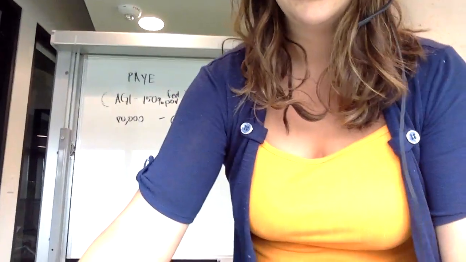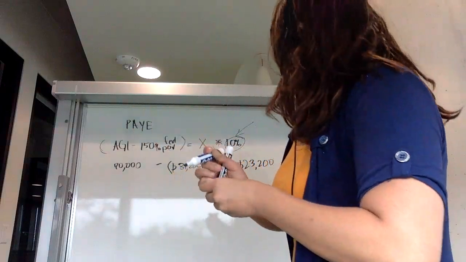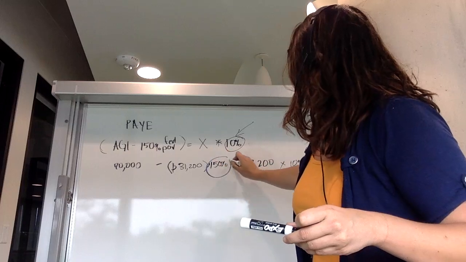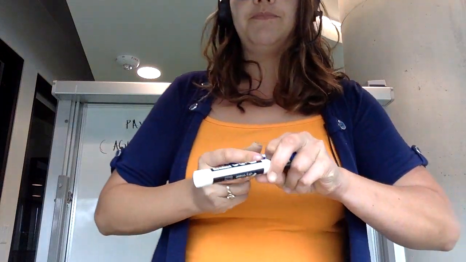Let me get a blue marker here. I'm in my office space. So the key differences that I'm going to note in blue are, again, this 150% poverty and this 10%. Those are the biggest differences in the SAVE formula.